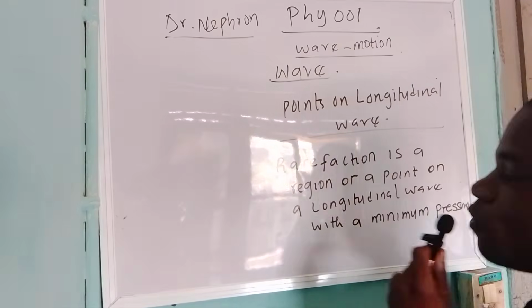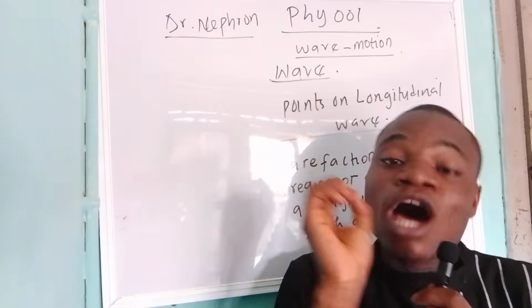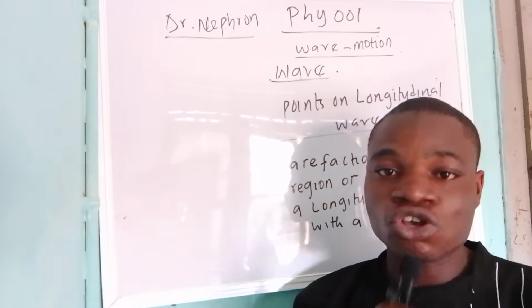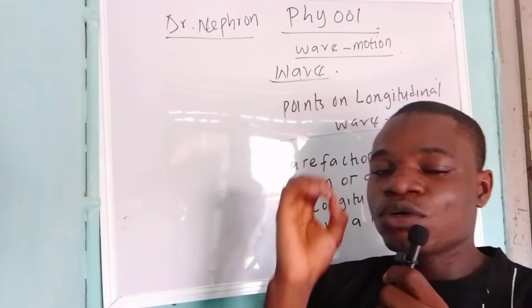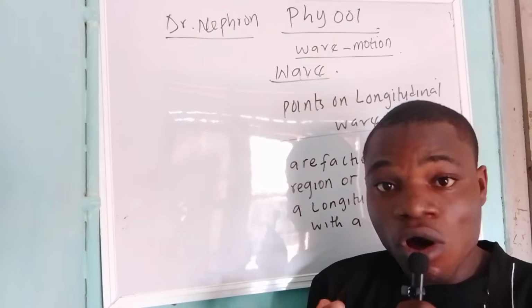So you can see now, a point where there is a minimum pressure in the longitudinal wave is called rarefaction. But the one of high pressure or maximum pressure is what is called compression.